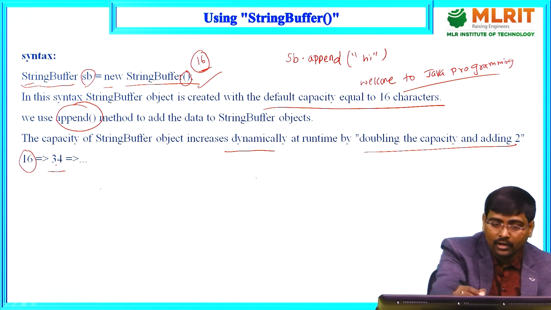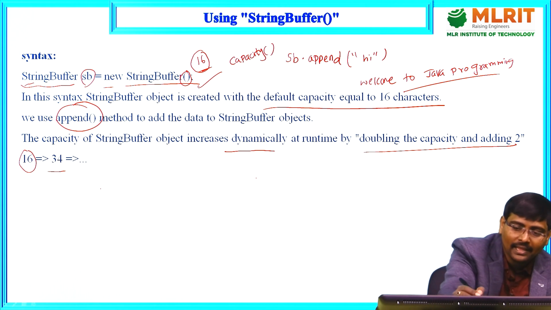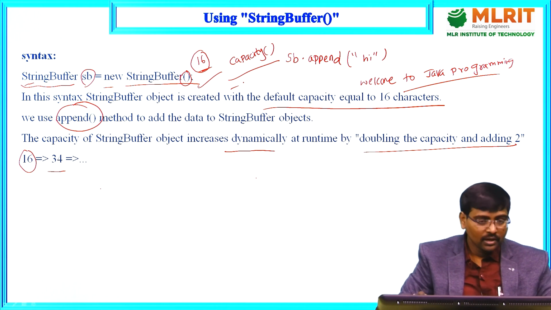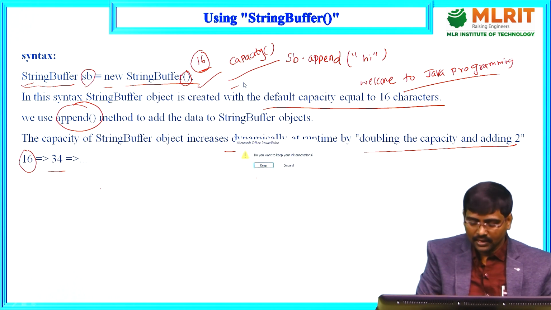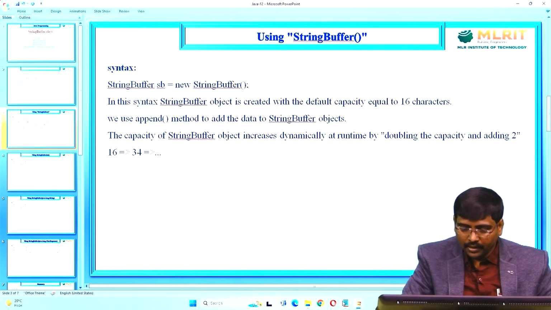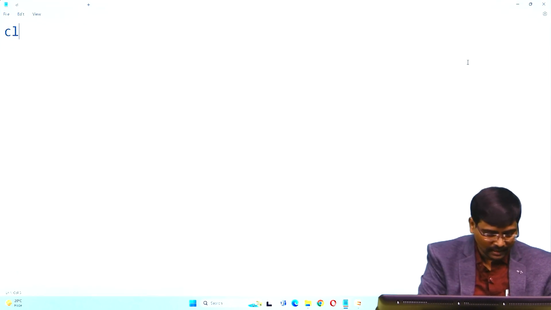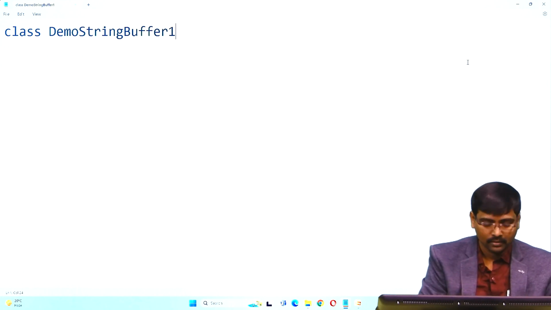Now, we check the capacity. We have one method, capacity(). Based on this, I will give you one example program. How do you identify the capacity and length, and you will get some idea. Class DemoStringBuffer1.